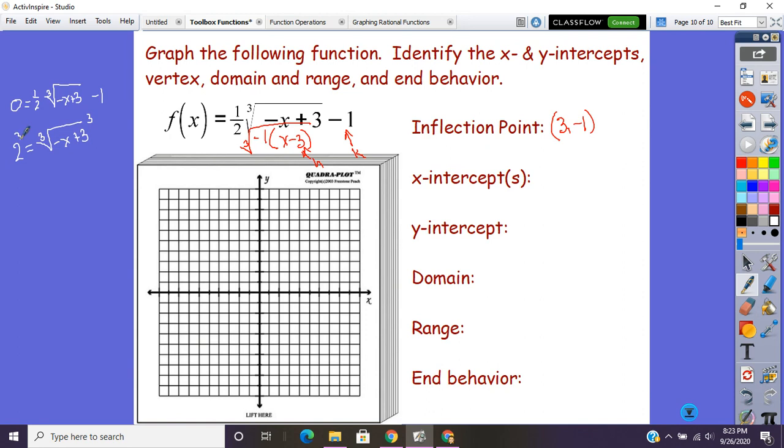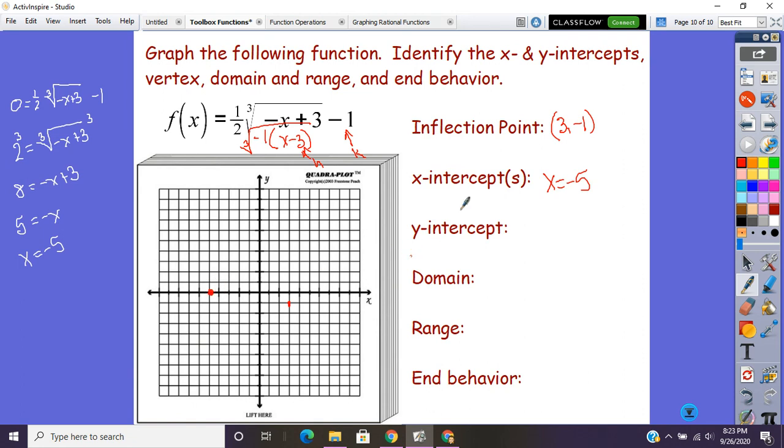I cube both sides. 8 equals -x plus 3. Subtract 3. 5 equals -x. X equals -5. That means my x-intercept is -5. Let's go ahead and graph these few points that I have. So 3, -1. My x-intercept is -5. 1, 2, 3, 4, 5.